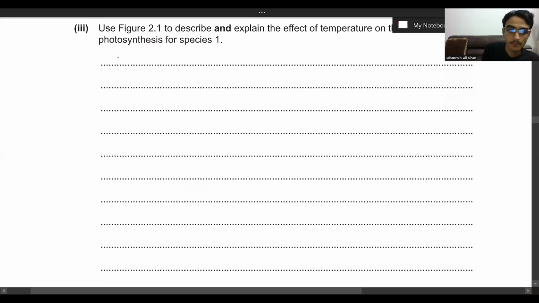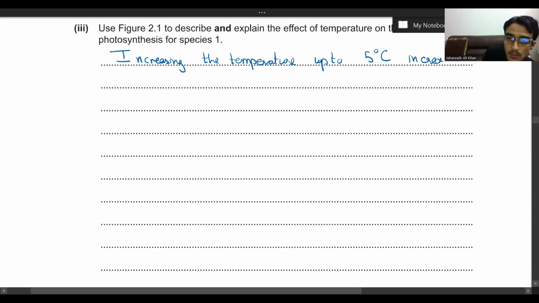For species 1, increasing the temperature up to 5 degrees centigrade increases the rate of reaction.